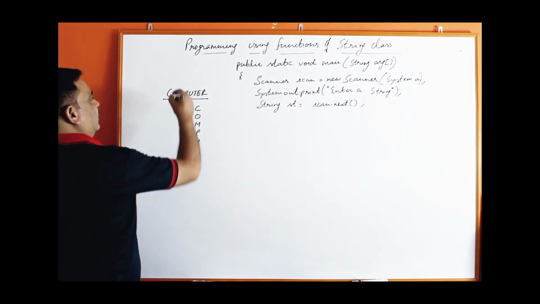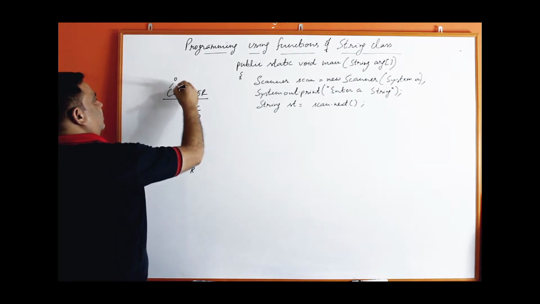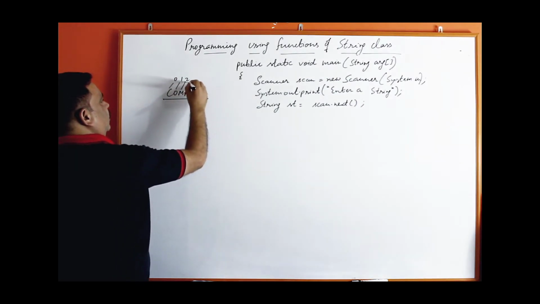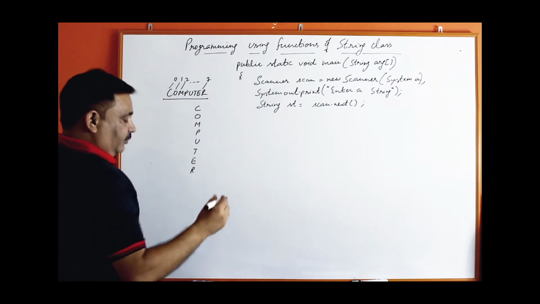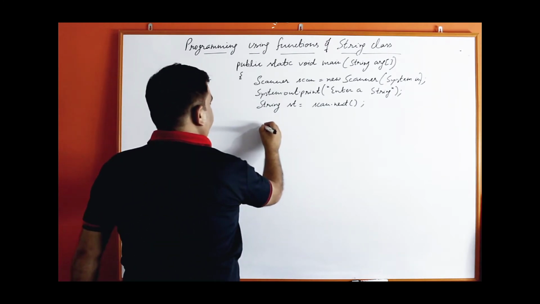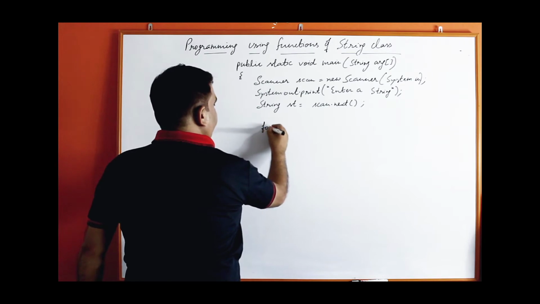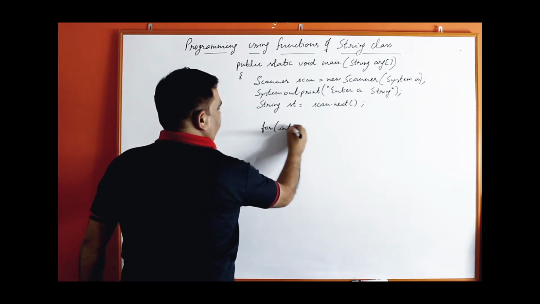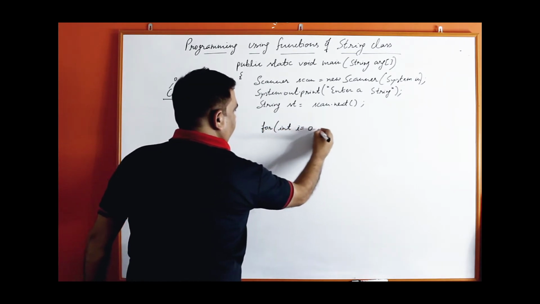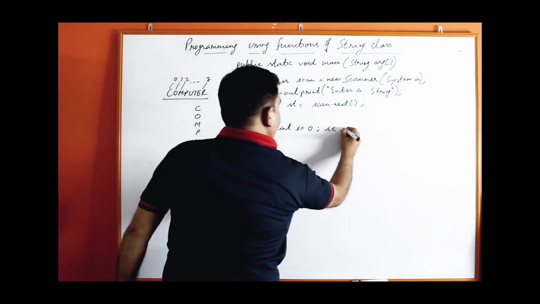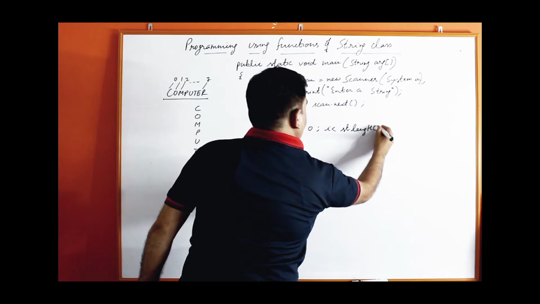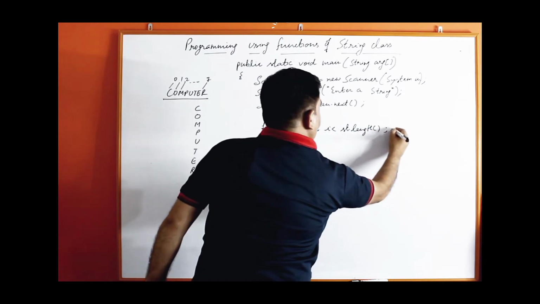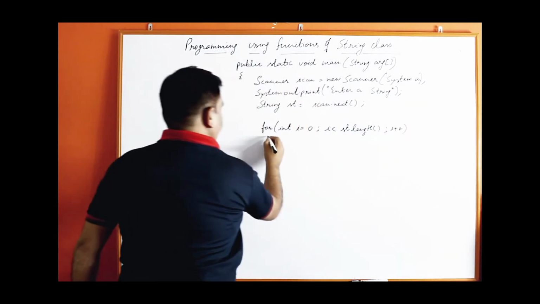And you know very well, the index of the first character is 0, then 1, 2 and up to 7. Total characters are 8. So I am going to make a loop: for int i equal to 0, i is less than st.length, i plus plus.